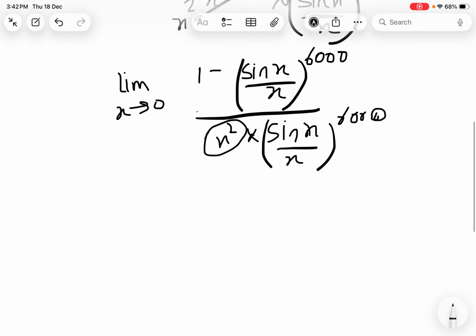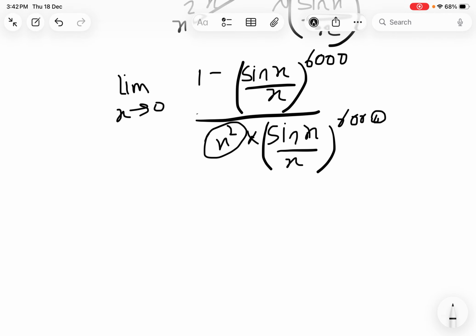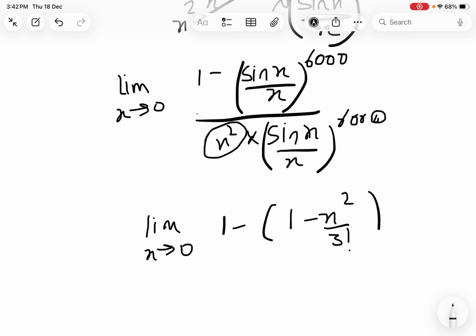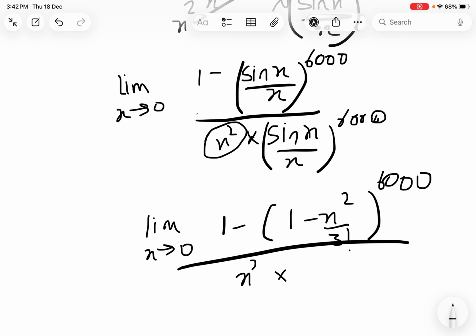Okay, so now we are going to apply the expansion. So we'll get limit x tending to 0, 1 minus x square by 3 factorial over here, this whole raised to power 6000 upon x square into sine x by x raised to the power 6000.